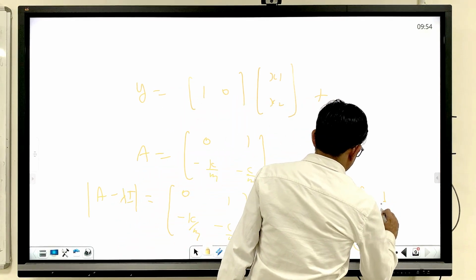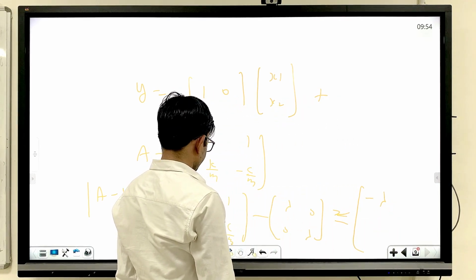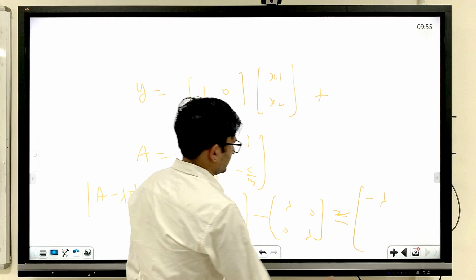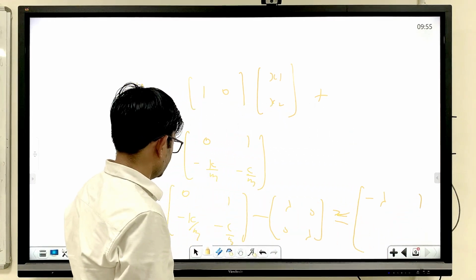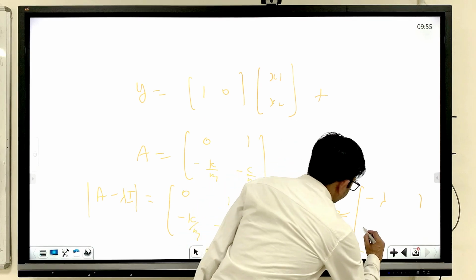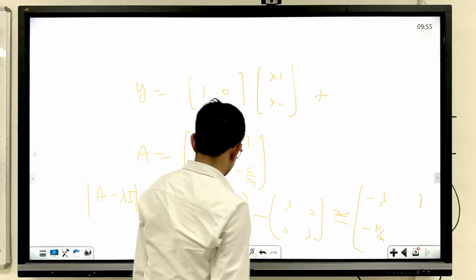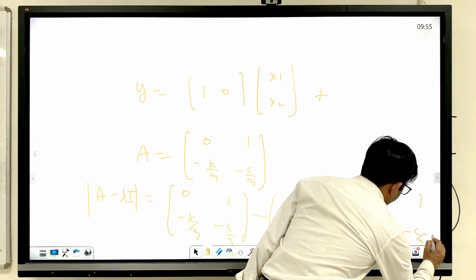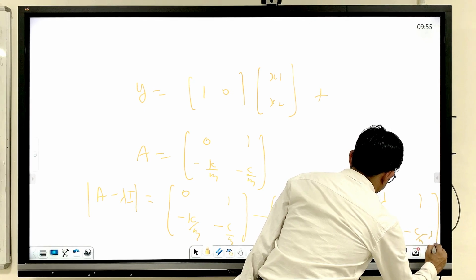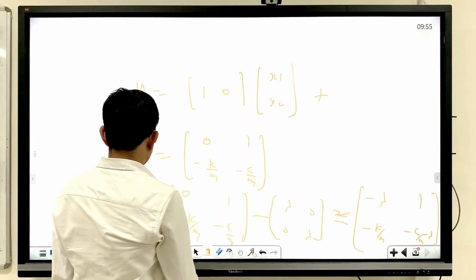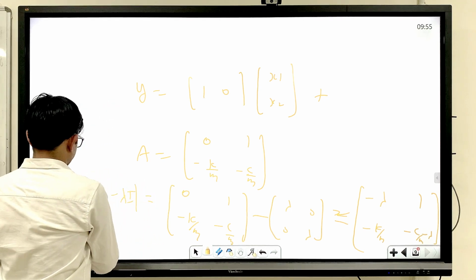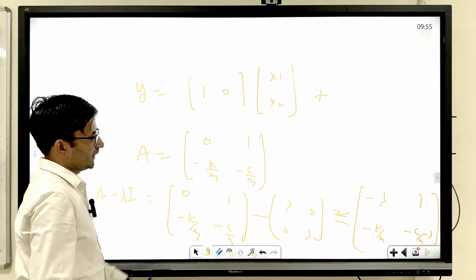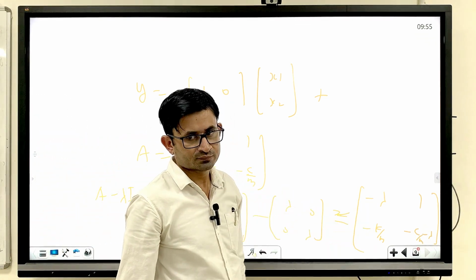Minus lambda, 1, minus k by m, minus c by m minus lambda. So now you have written this A minus lambda I. Can you find the determinant of this?